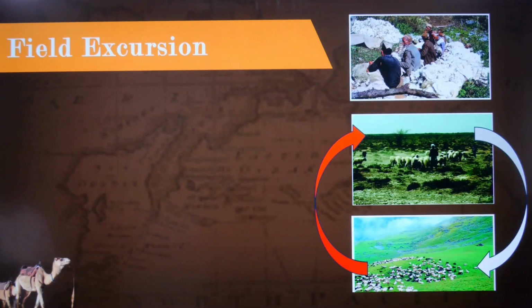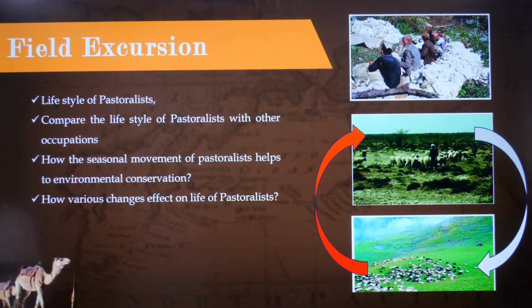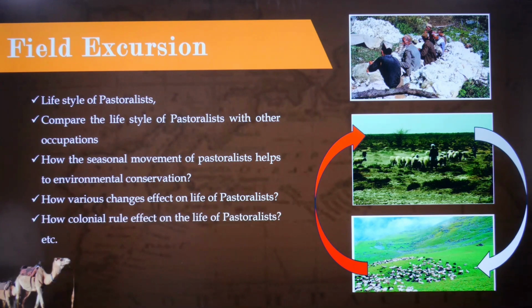For example, lifestyle of pastoralists. Compare the lifestyle of pastoralists with other occupations. How the seasonal movement of pastoralists helps environmental conservation. How various changes affect the life of pastoralists. How colonial rule affected the life of pastoralists, etc.